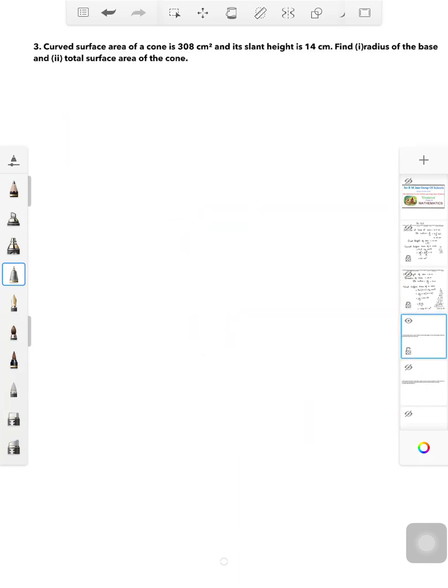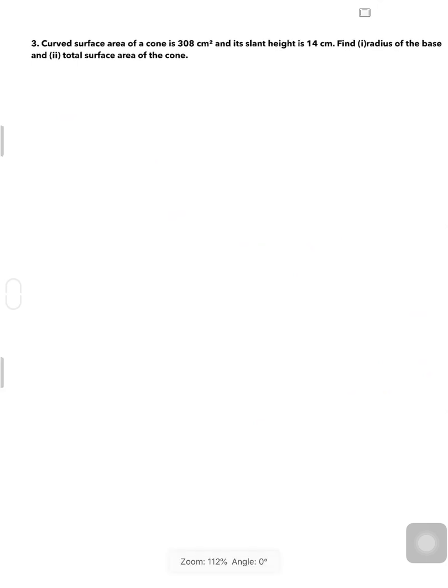Now, we will move on to the next question. The curved surface area of the cone is given. What is given? The curved surface area of the cone is given as 308 centimeter square and the slant height is given as 14 centimeter. You need to find the radius first, then we have to find the total surface area of the cone. So what is given in the question?